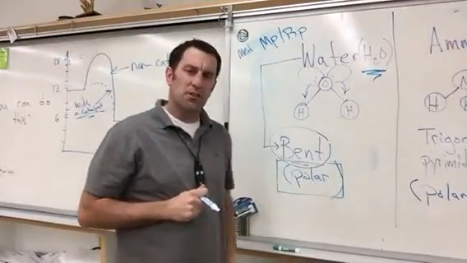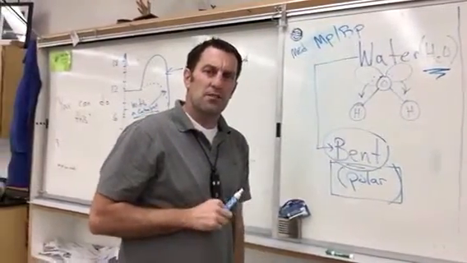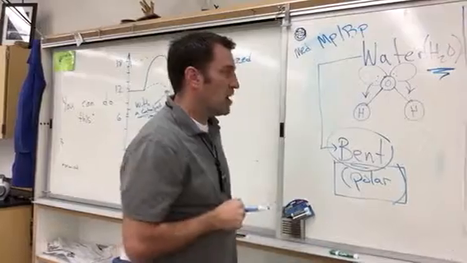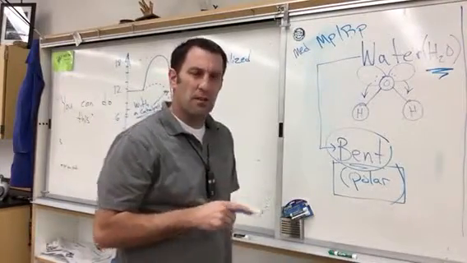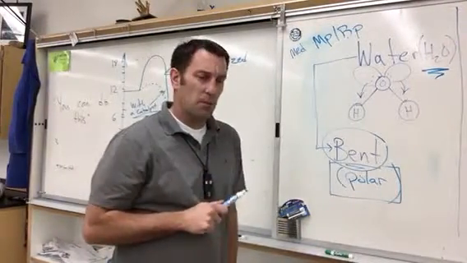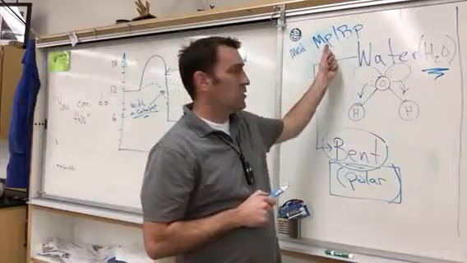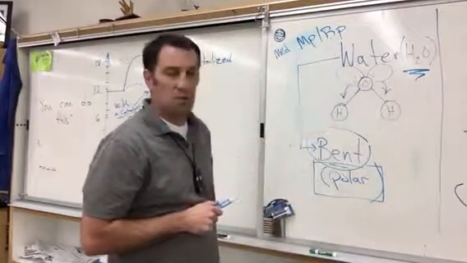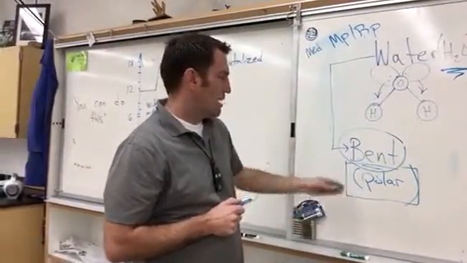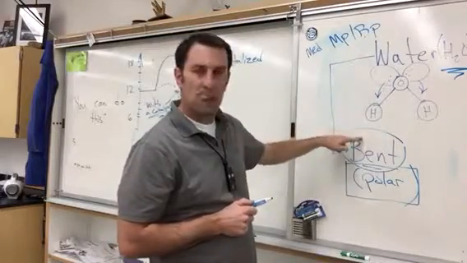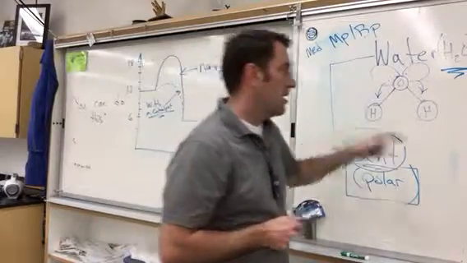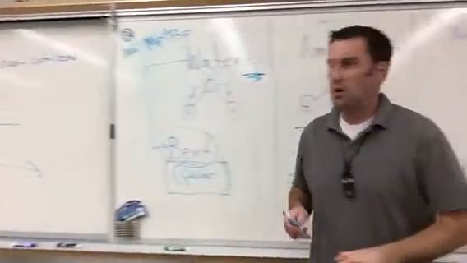Water boils at 100 degrees Celsius and it freezes at 0. That's a little bit higher than other things and quite a bit higher than things that are considered nonpolar. Now, there's more than one reason why, water also has hydrogen bonding, but for right now, just know water is bent and polar.